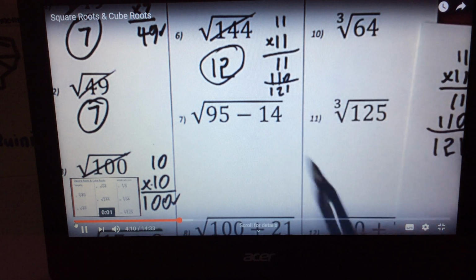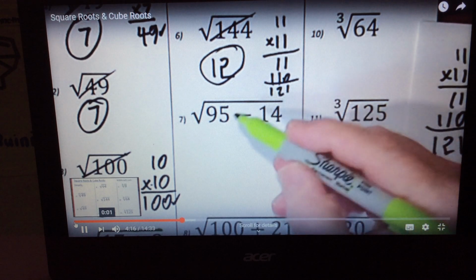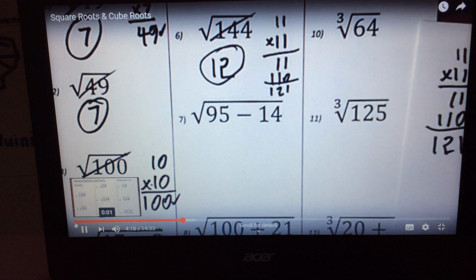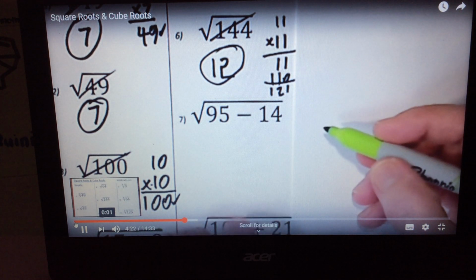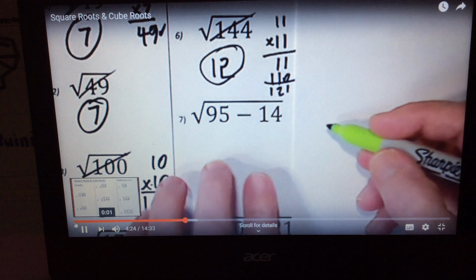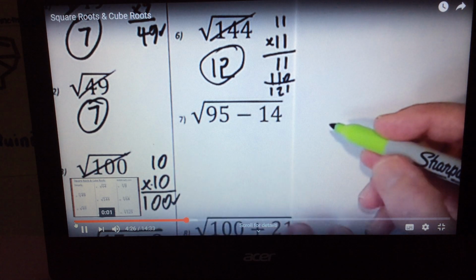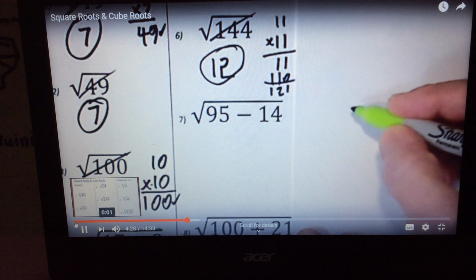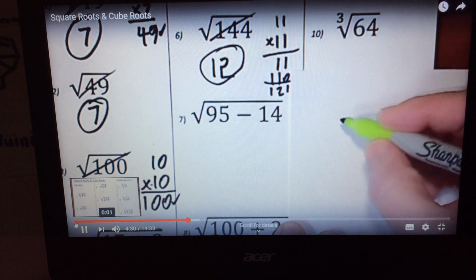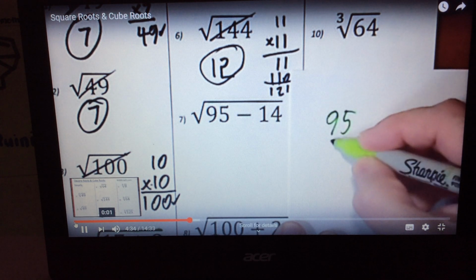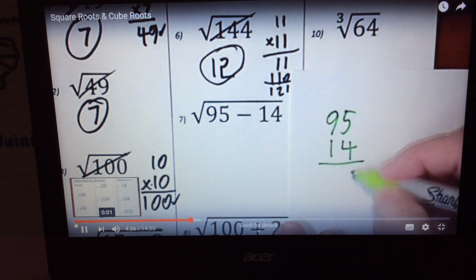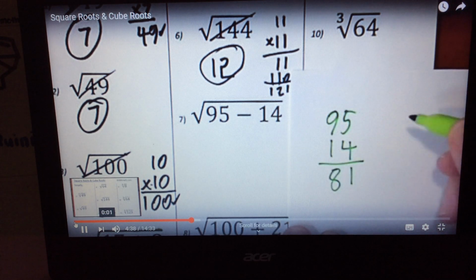Looking at our next case, remember the radical sign is a grouping symbol. So first we'll handle 95 subtract 14. Usually I'll do my scratch work off to the side rather than underneath, because I want to put the result underneath. So 95 subtract 14 gives us 81.